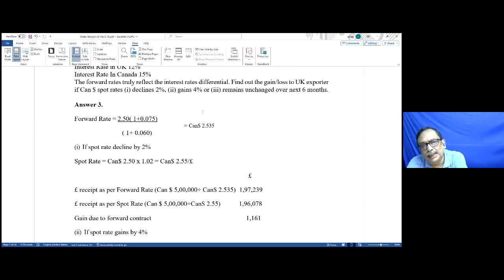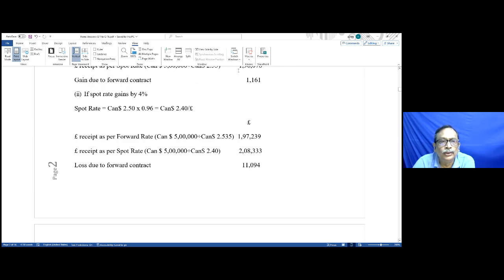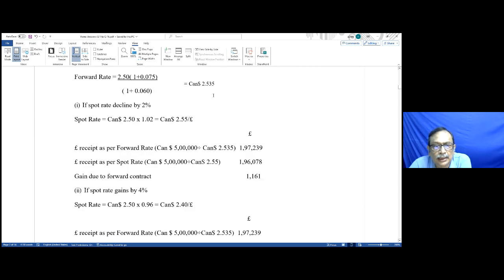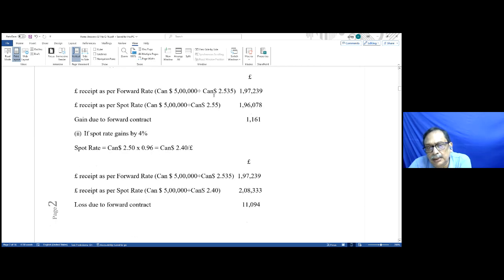We are coming to second independent situation, that is gains 4%. So if spot rate gains by 4%, then automatically it will be Canadian dollar 2.50 multiplied by 0.96, so that it will be Canadian dollar 2.40 per pound.